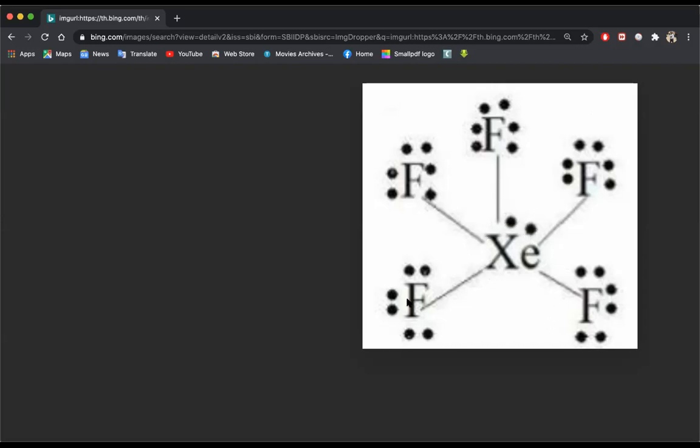So if I say 1, 2, 3, then 1, 2, 3, 4, 5, 6, 7, 8, this is 8 already. So if I remove this one here and I do not have these 2 electrons, it means we have obeyed the octet rule.